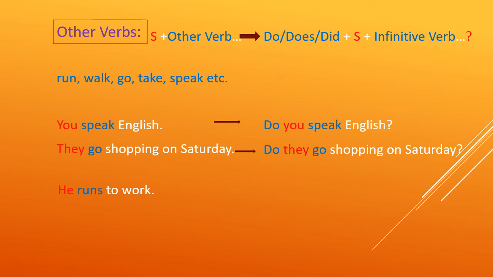He runs to work. Okay, he subject and runs. Runs has got an S because he is a third person singular. So this is third person singular present tense. If you want to learn about third person singular present tense, you need to watch my other video.